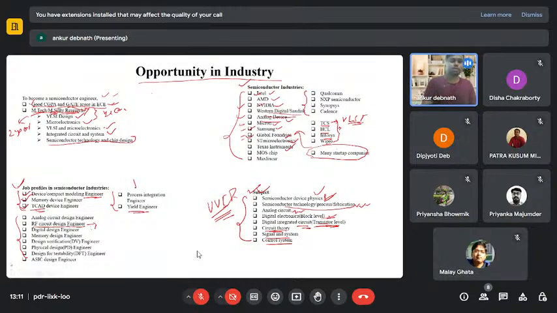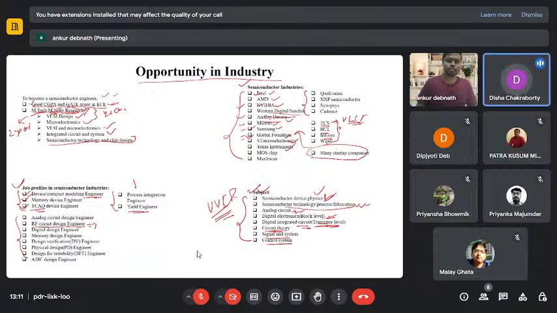If you want to make your career as an RF circuit design engineer, then choose your project based upon RF circuits. Then it will help you get into that particular industry, if you have hands-on experience from a project.